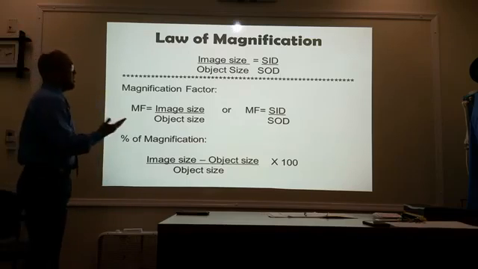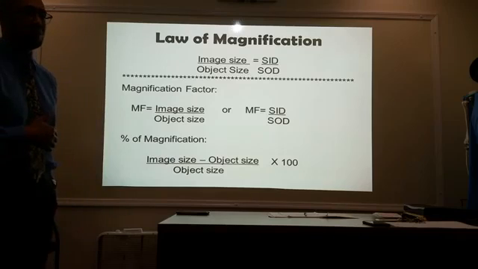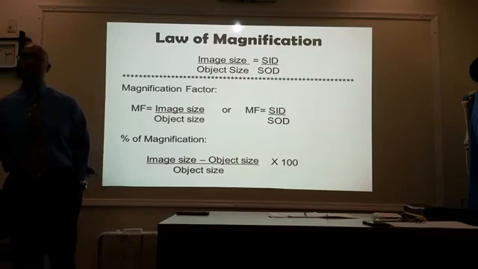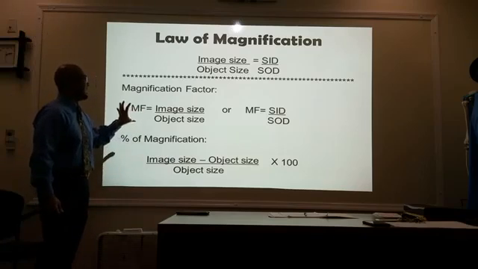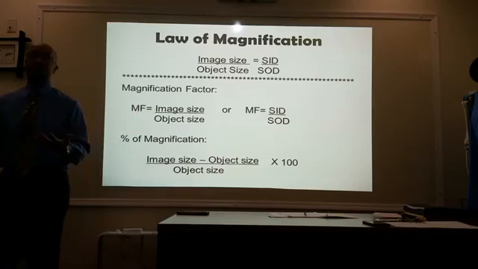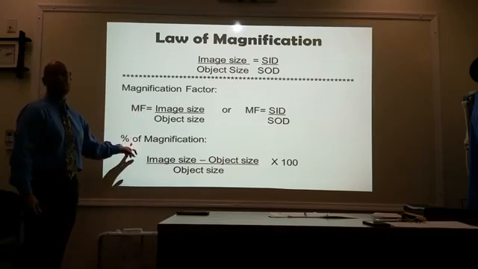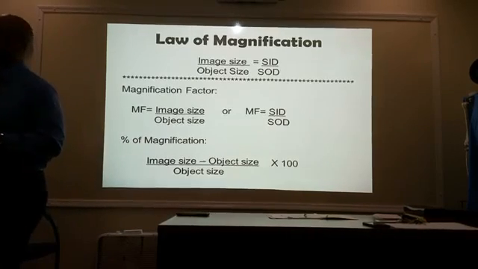The simple formula is image size over object size is equal to SID over SOD. When broken down from the original formula, we can determine the amount that the object got magnified and then the percentage of the object being magnified. This is going to make more sense as we progress.